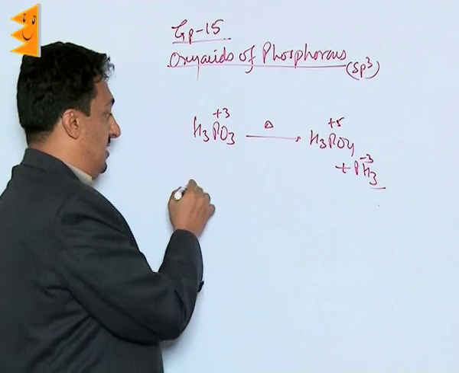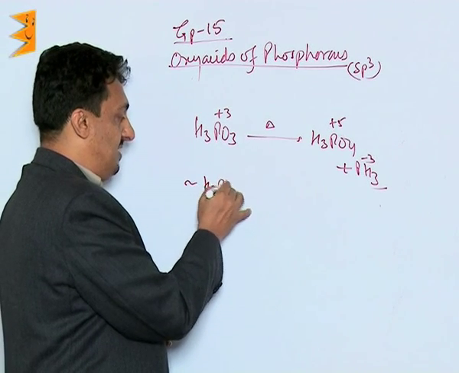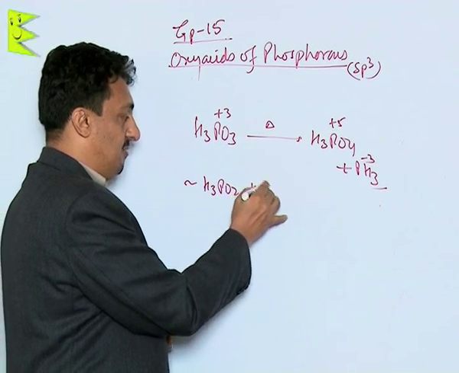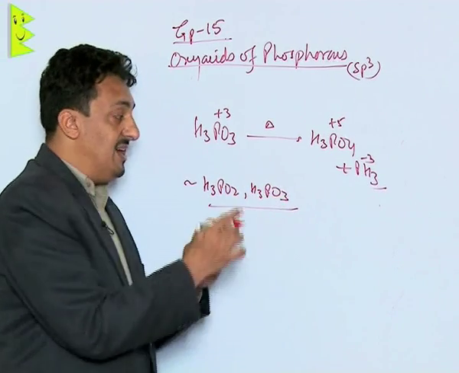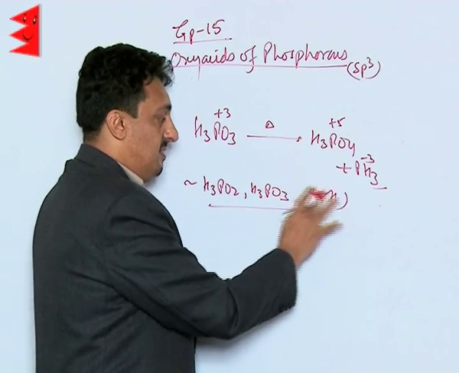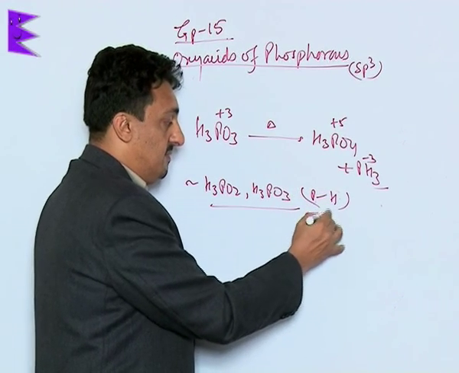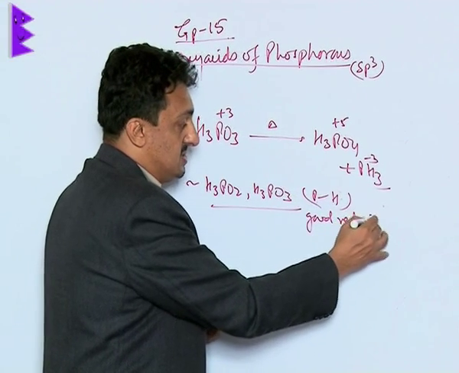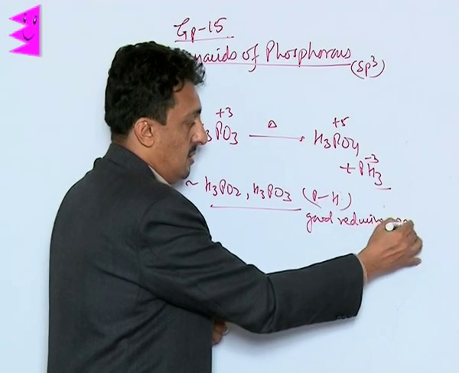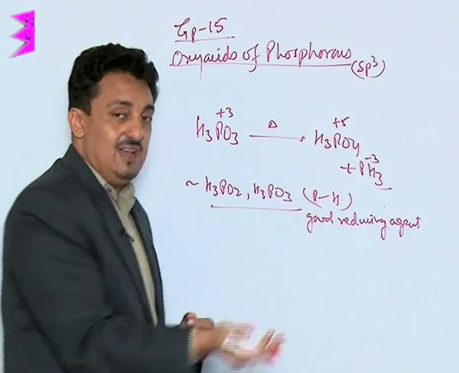Another important thing, those oxyacids like H3PO2 and H3PO3, which are having P-H bonds in them, can be used as good reducing agents because they can give out that hydrogen.